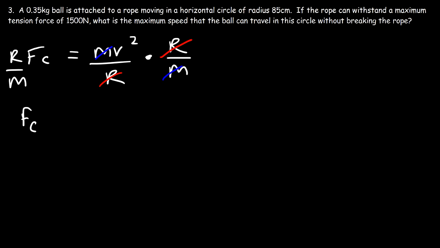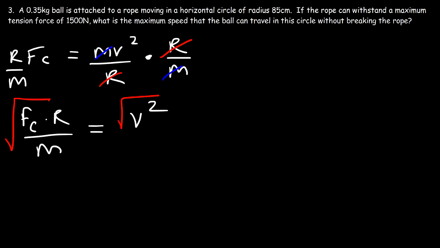So all I have left over on the right side of the equation is v. Now I need to take the square root of both sides. So v is equal to the square root of the radius times the centripetal force divided by the mass.